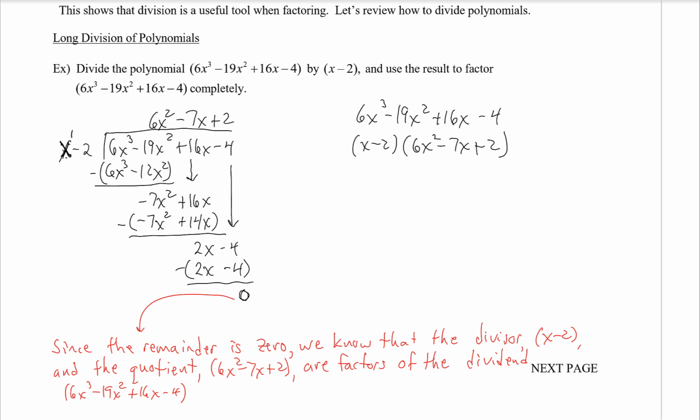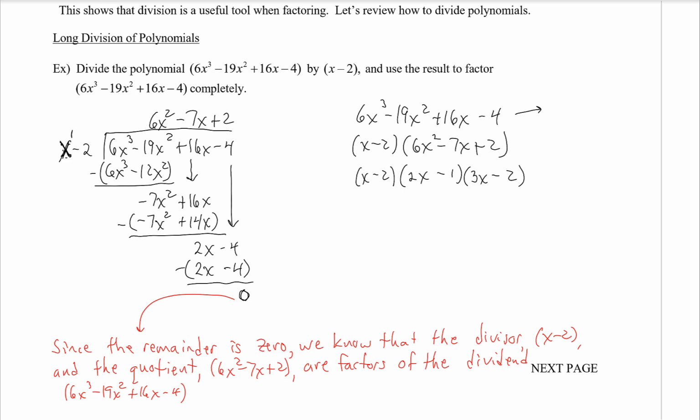Now that's a quadratic, and we know that sometimes quadratics can be factored using integers, and it turns out that this one can. And lo and behold, we just showed that this cubic polynomial in standard form can be written this way in factored form.